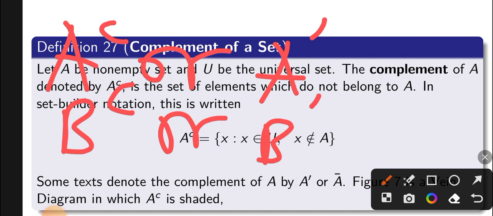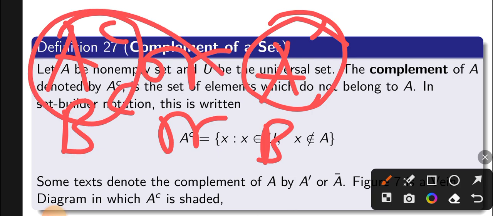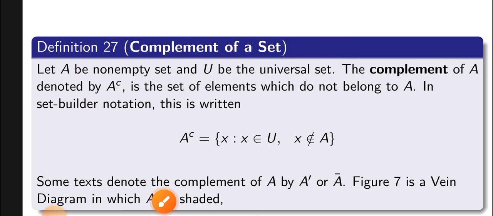So don't be confused. These two are the same. So meaning, if they say find a complement of set A, they mean find the set which contains all the elements except those which are in A.